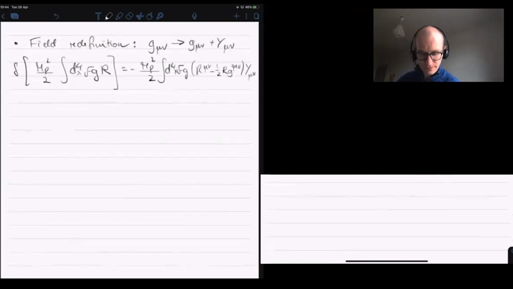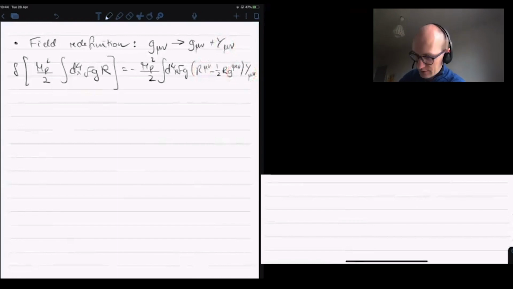But now look at this. If I choose y mu nu, for example, to be the Ricci tensor itself, then I get something like a Ricci squared here. And here I'm going to get a Ricci scalar squared type term.